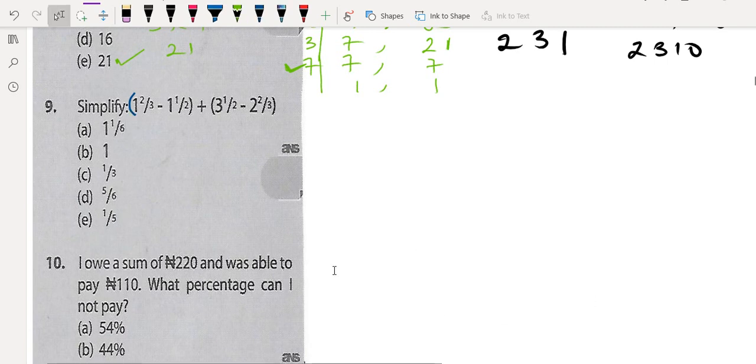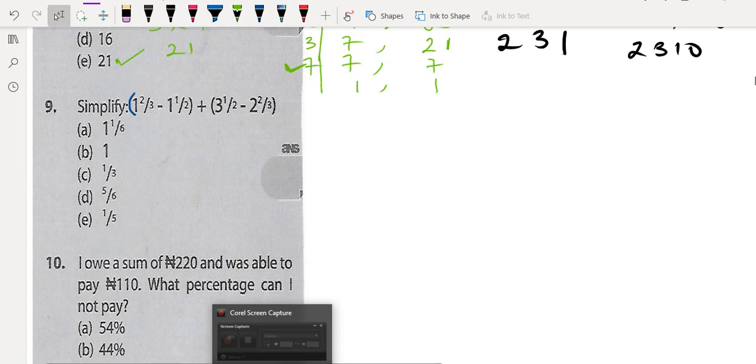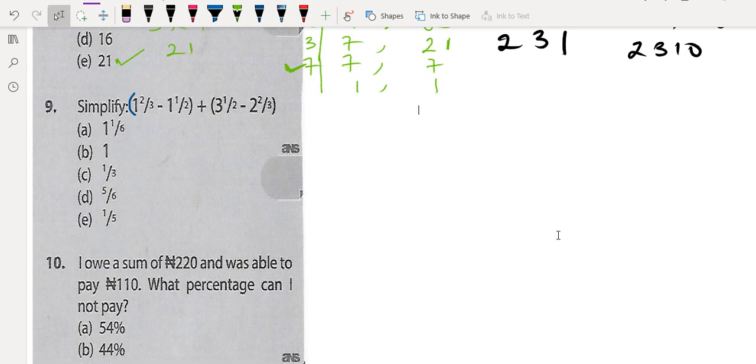Yes. 1 whole number 2 over 3 minus 1 whole number 1 over 2 plus those in the bracket. 1 minute, please. 50%.